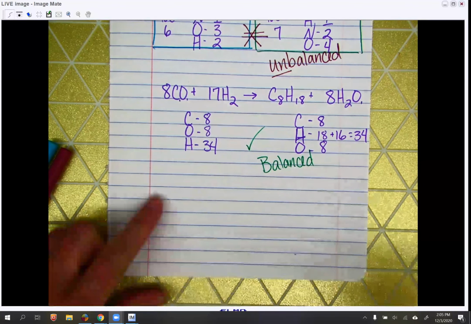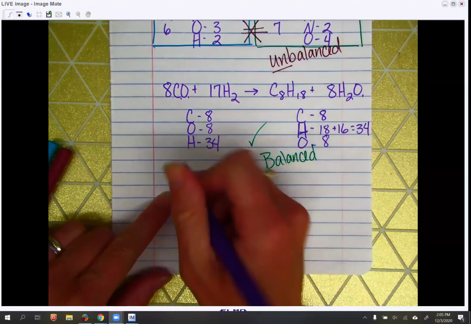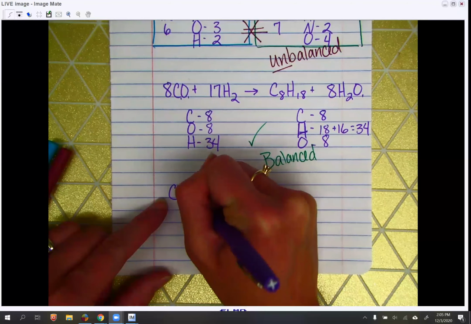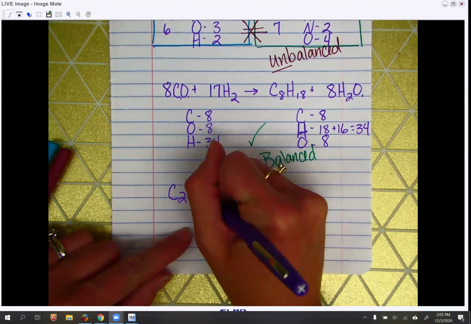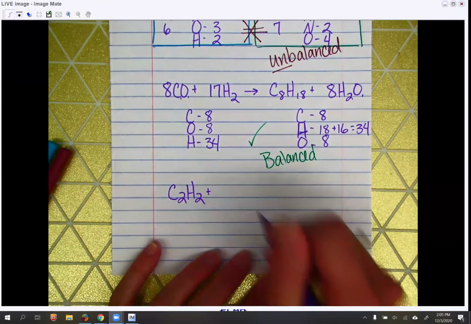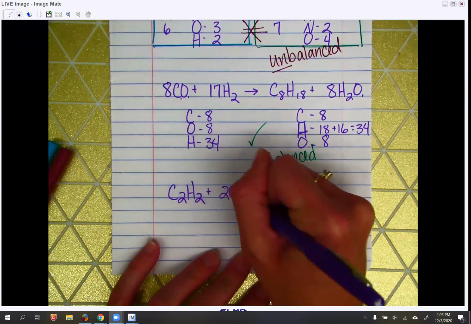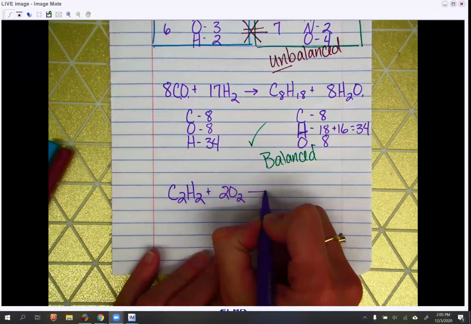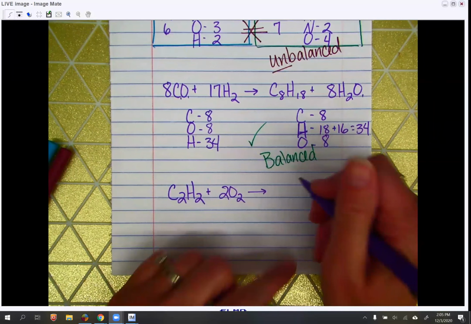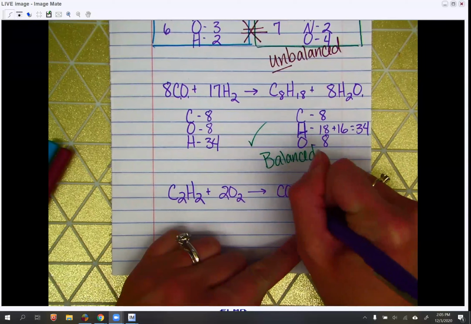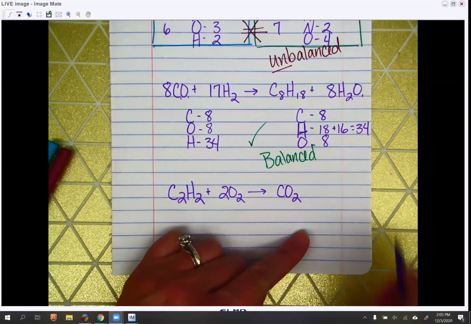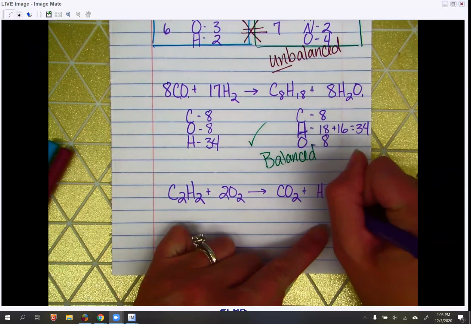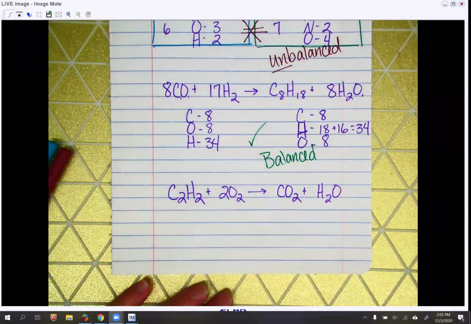Let's do C2H2 plus 2 O2s yields carbon dioxide and water.